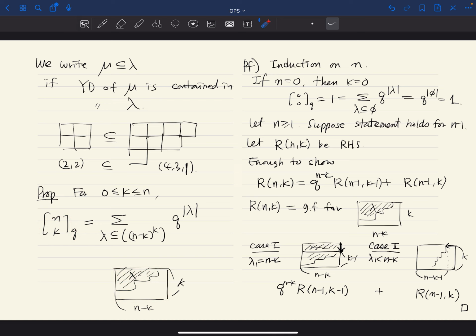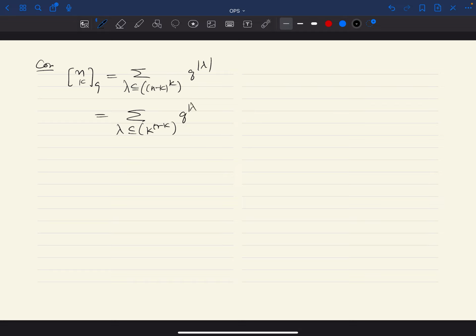So a corollary is that the q-binomial n,k is the generating function for lambda contained in this box. We can either put this, or take its transpose, they are the same. Because here we consider n minus k by k, lambda here.